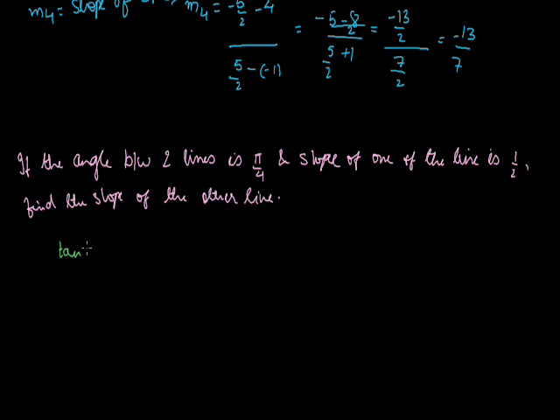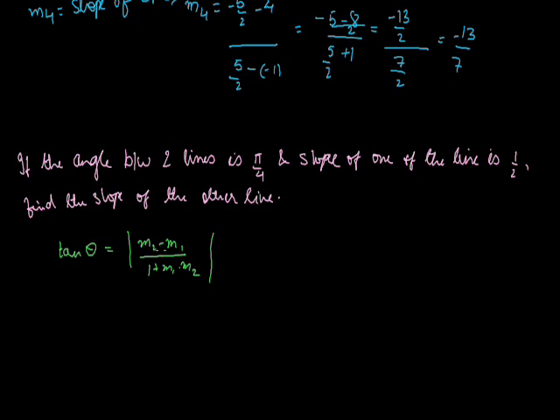Let's say theta is the angle between the two lines, then tan theta is equal to mod of m2 minus m1 upon 1 plus m1 into m2, where m2 and m1 are the slopes of the two lines respectively. So we are already provided here that the angle between two lines is pi by 4 and the slope of one of the lines is 1 by 2.